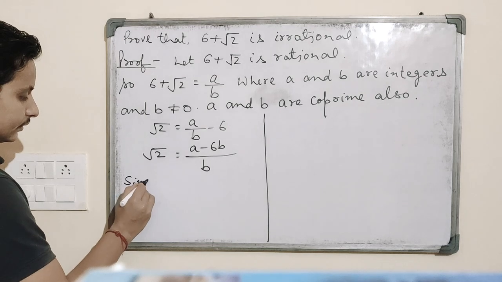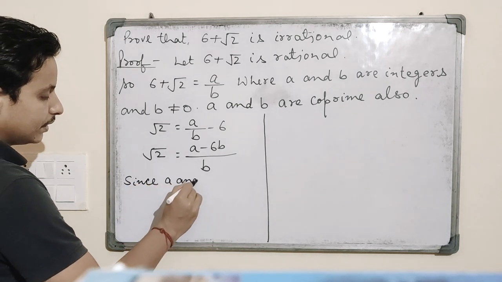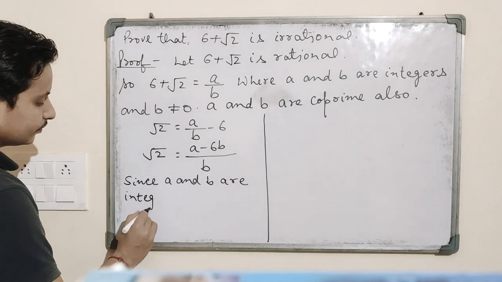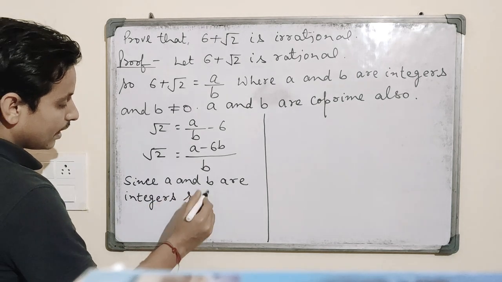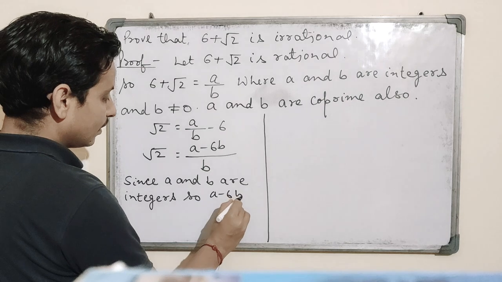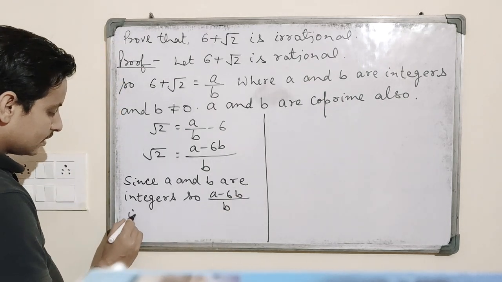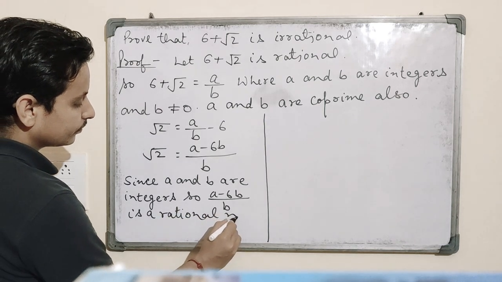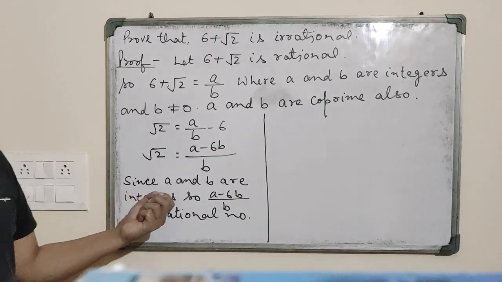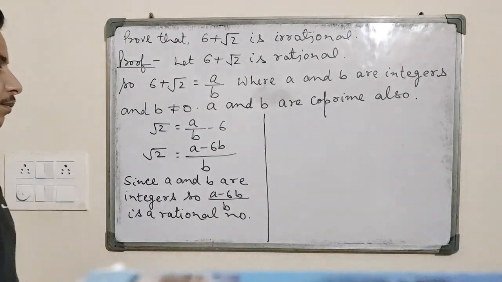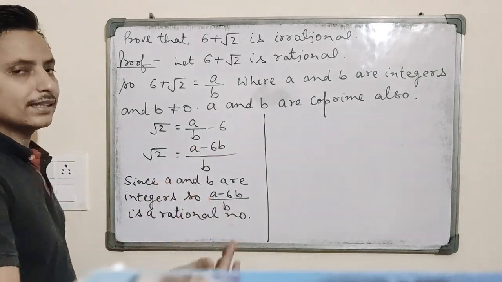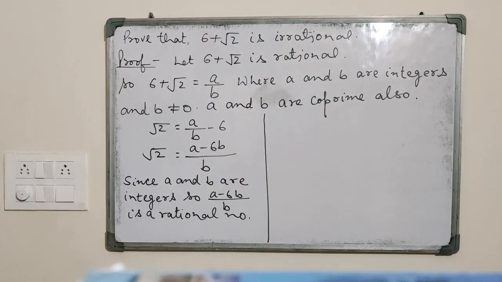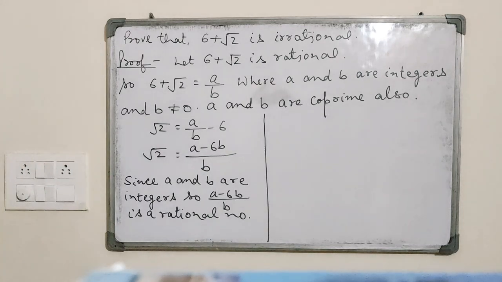So A minus 6B upon B is a rational number, because if we subtract integers, we get an integer, and B is also an integer. But under root 2 is irrational.